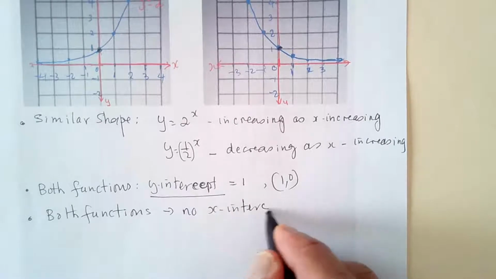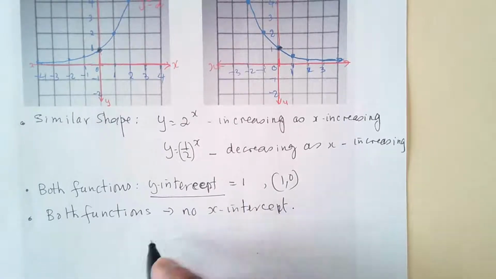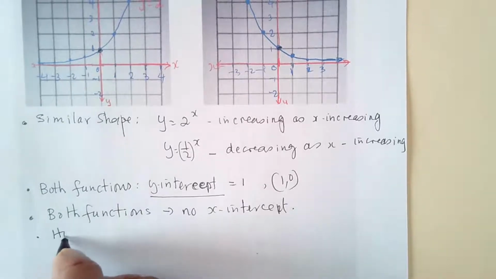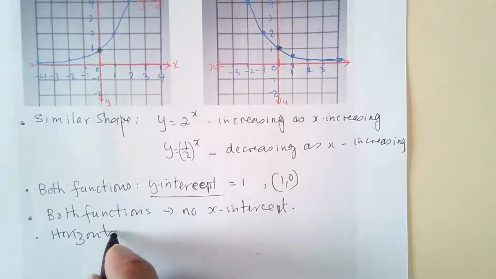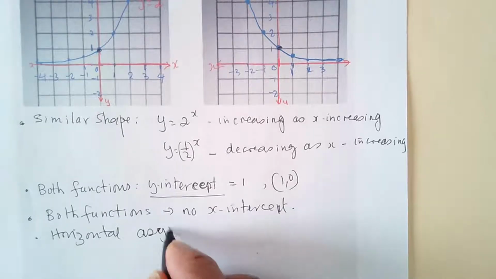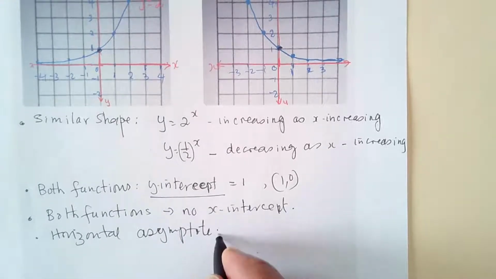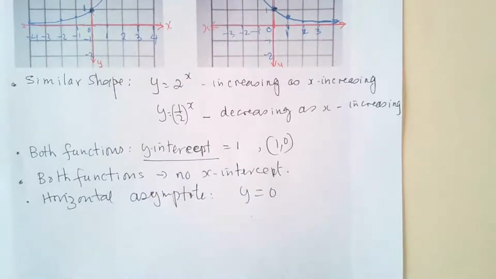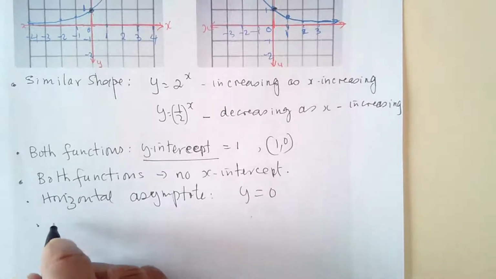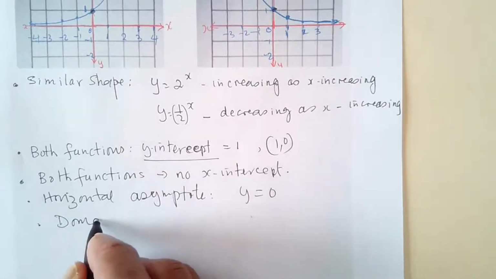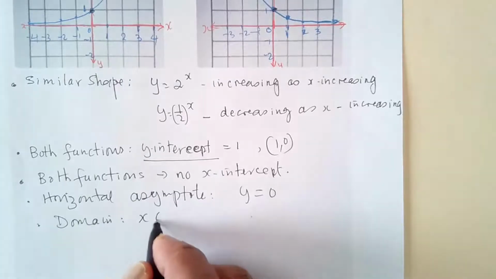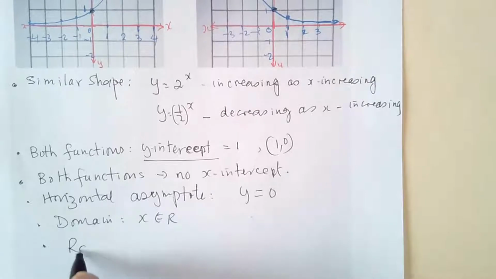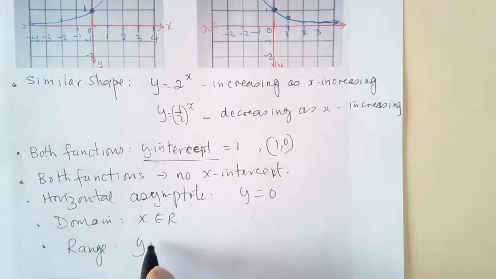Both have a horizontal asymptote at y equals 0. And for both of them, the domain is x, set of real numbers, and the range is y greater than 0.